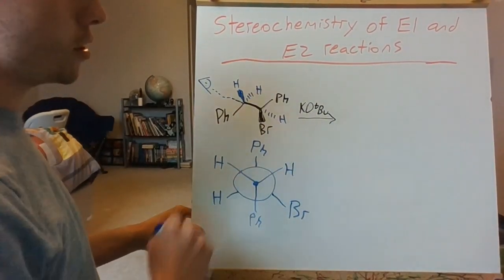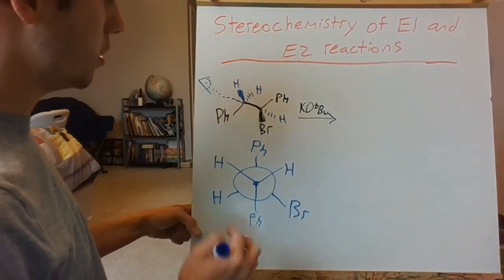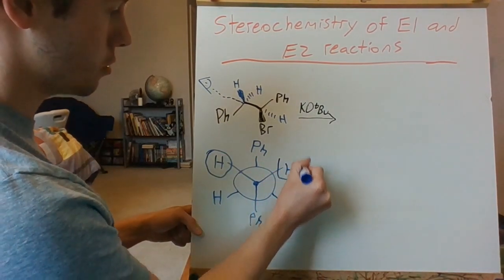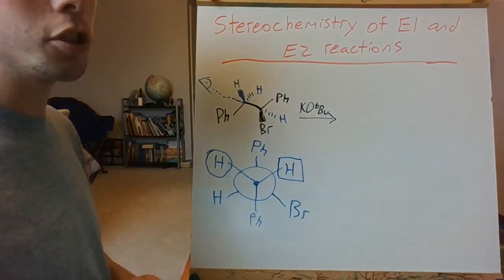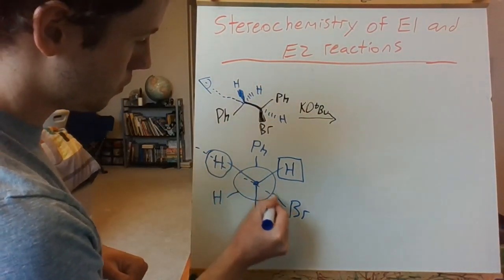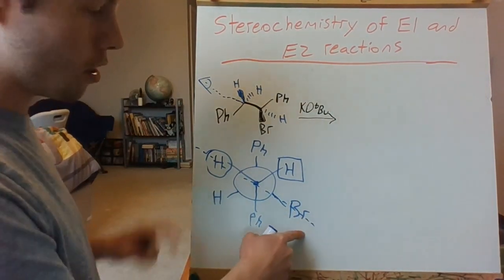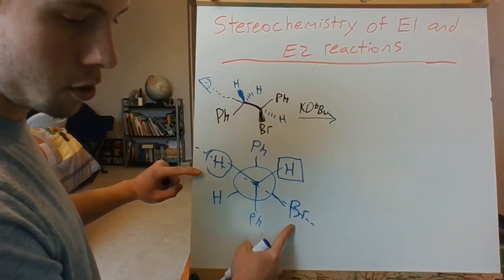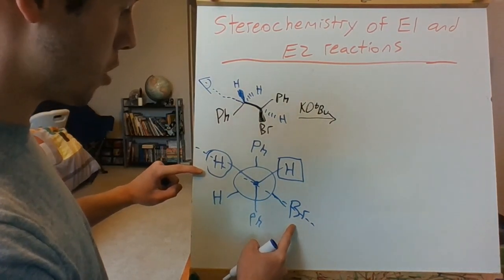We have 2 hydrogens on our beta carbon, and so I'm going to circle this one and put a square around this one so we can differentiate between the 2. We see that currently this hydrogen and the bromine are anti to each other, and so we could pull off this proton to get to our product.